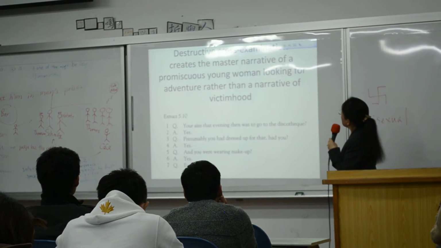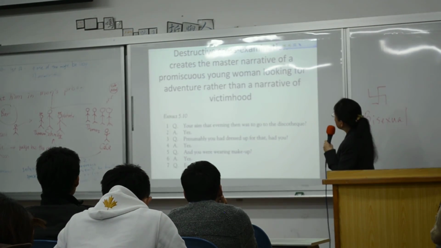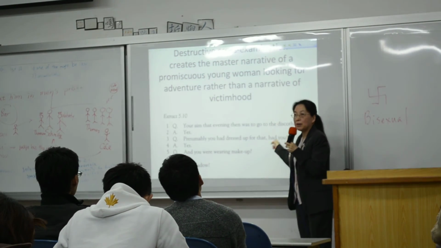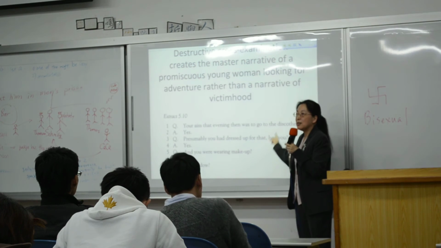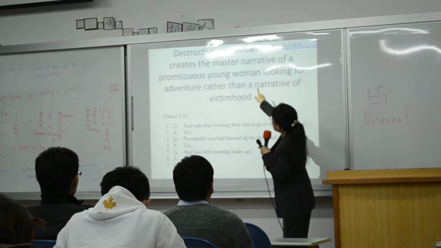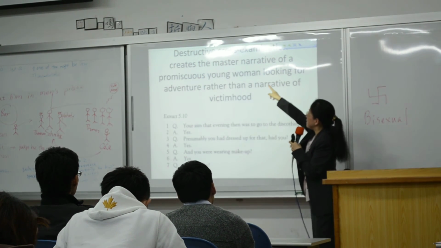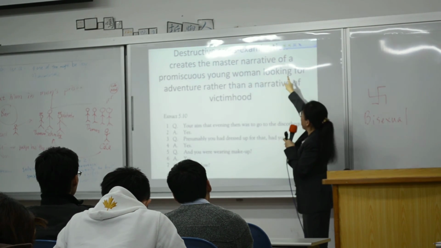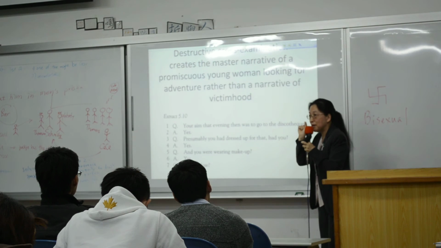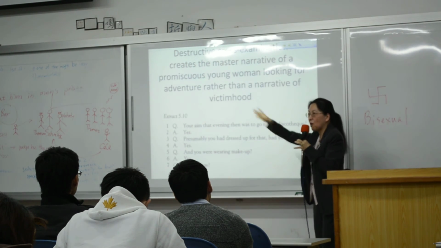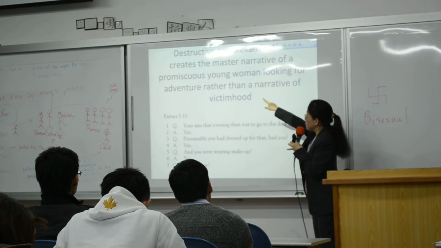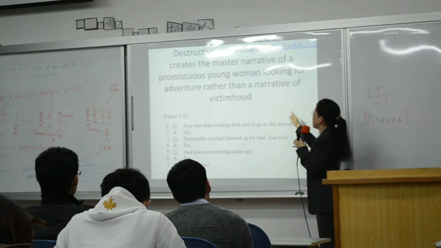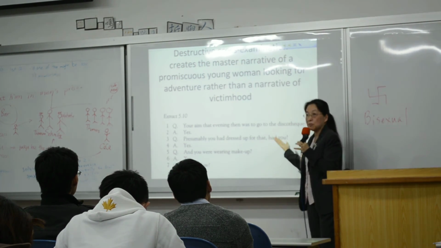And then we can also see, in this case, it's also a woman who was raped. But then the destructive cross-examination creates the master narrative of a promiscuous young woman who has sex with all kinds of men, looking for adventure rather than a narrative of victimhood.